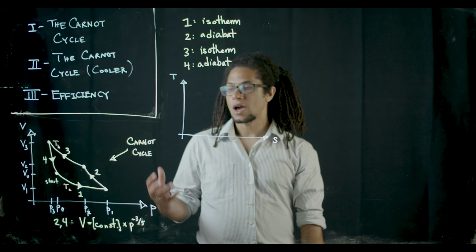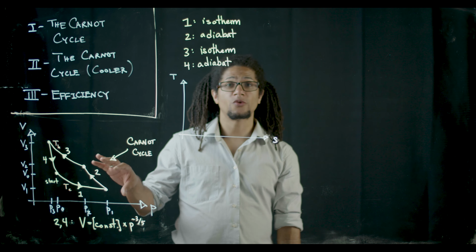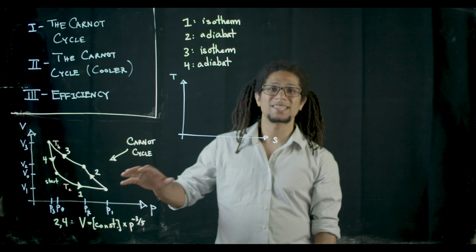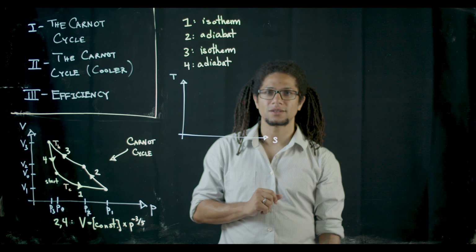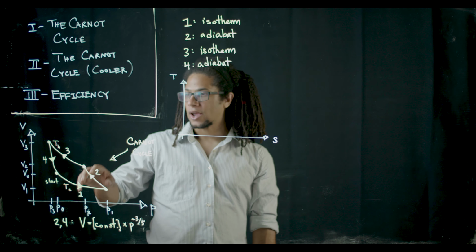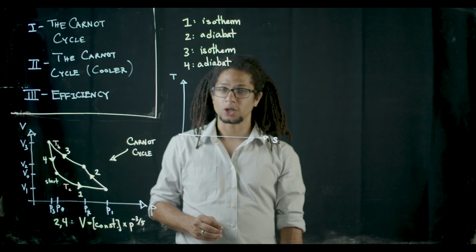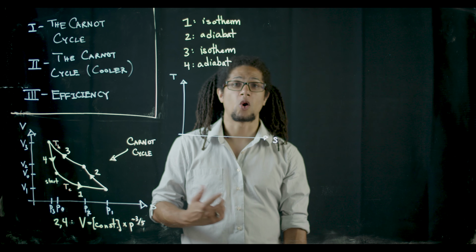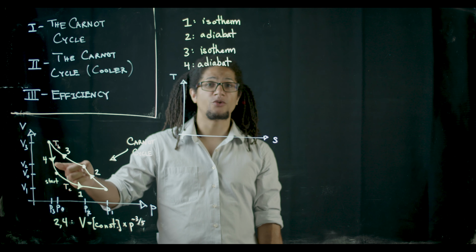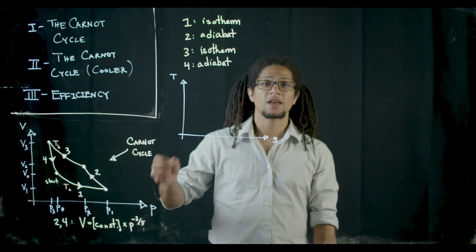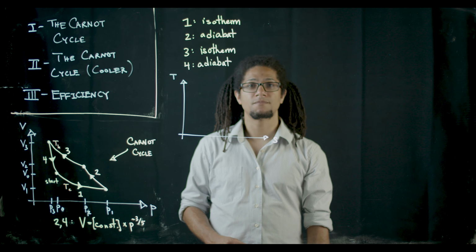Okay, now we actually don't need to do very much work at all to get the basic picture of what this cycle is going to look like in ST space. Notice that curve 3 is all at one temperature, and curve 1 is also all at one temperature. Moreover, because curves 2 and 4 are adiabats, entropy doesn't change on them.